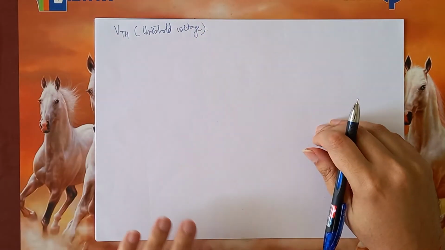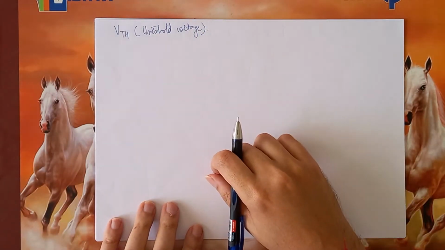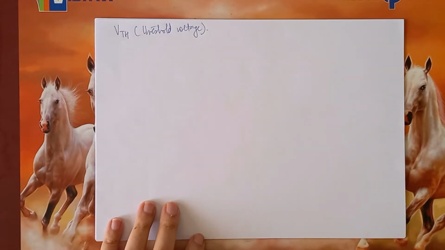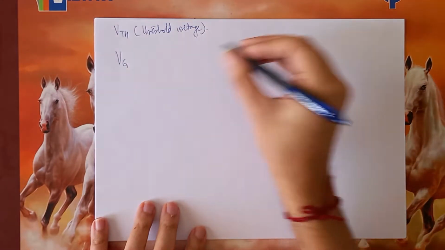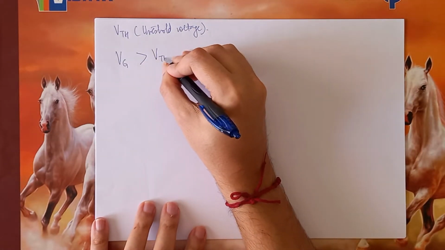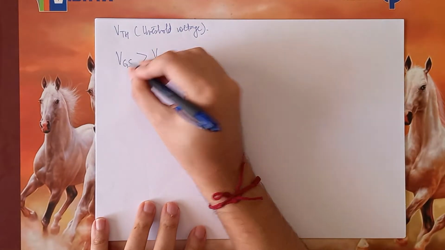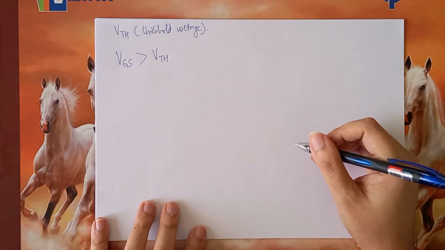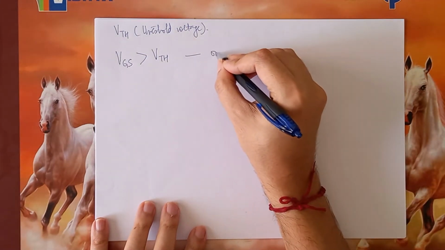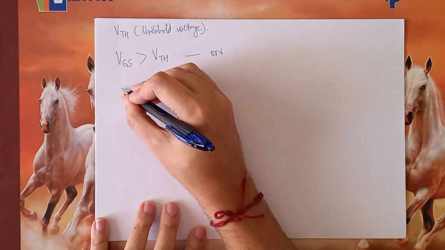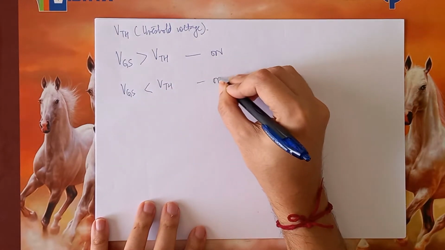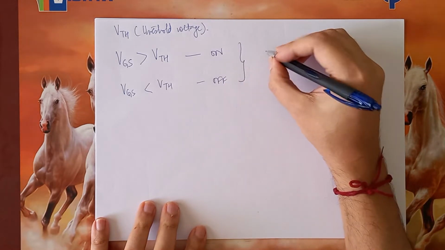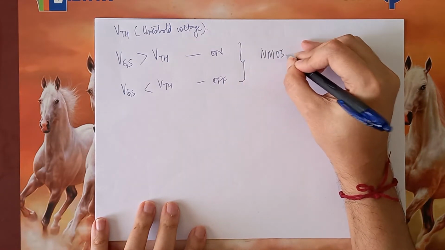This sort of decides how the MOSFET normally behaves. If the gate to source voltage is more than the threshold voltage, we say that the MOSFET is on. And when VGS is less than VTH, the MOSFET is off. This is obviously for the NMOS transistor.